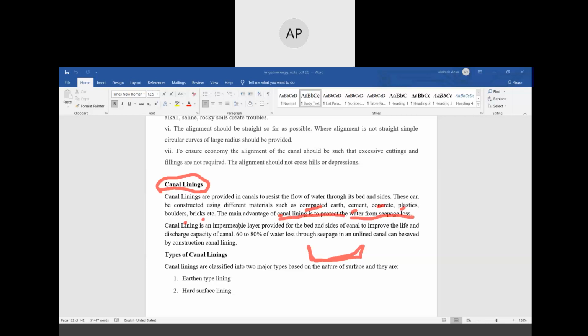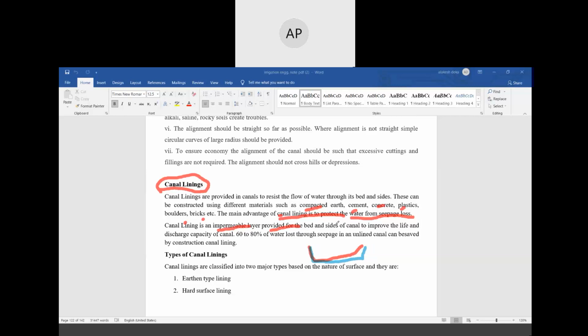Canal lining is an impermeable layer provided for the bed. That means in the bottom and the sides of the canal, some lining is provided, which is impermeable. That means water cannot pass through the canal lining.